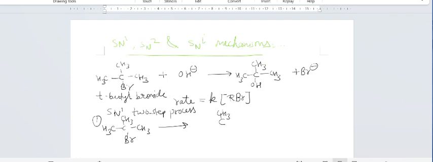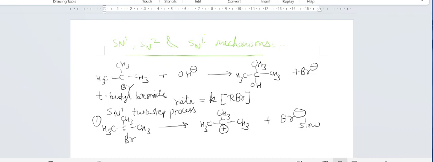Carbonium ion is having positive charge on the carbon, and bromine goes out like Br minus. This is the slow step.